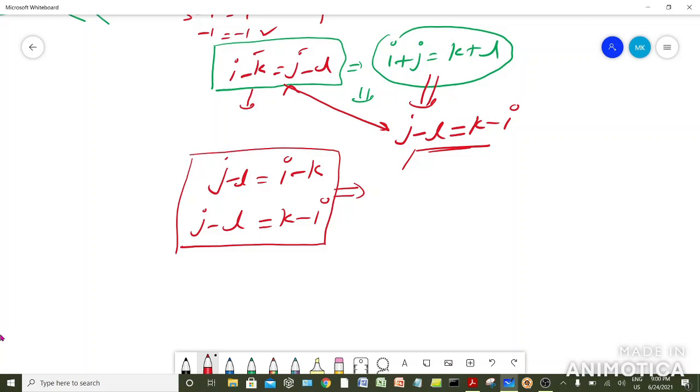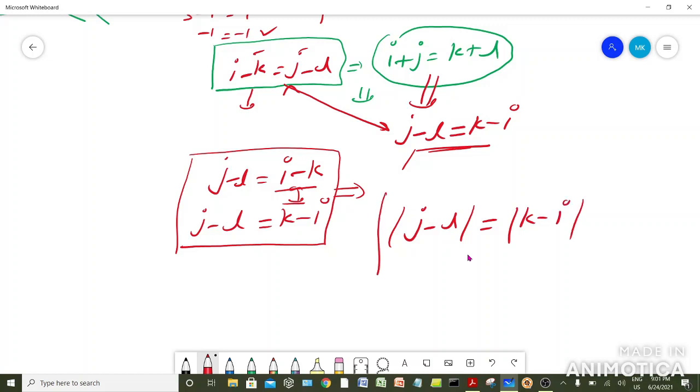The only difference between the two expressions is the sign. So we can make a single expression out of these two and write it in the form of the absolute value of j minus l equal to the absolute value of k minus i.